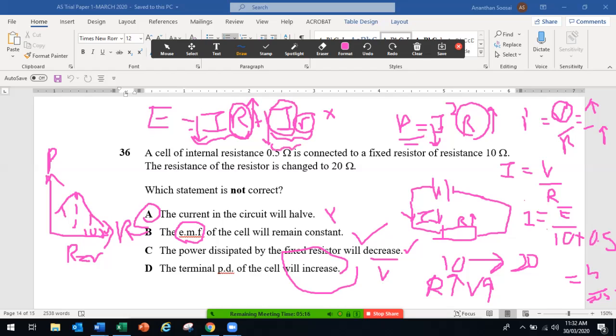So what happened to the potential across the internal resistance? Lower. Therefore, this must increase.